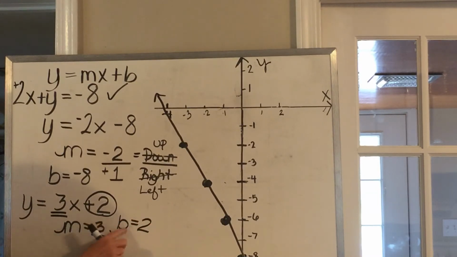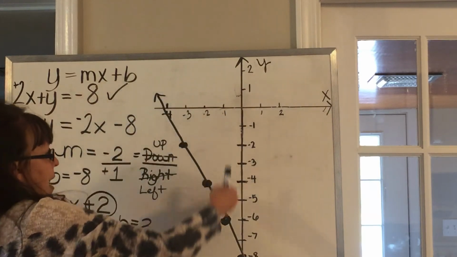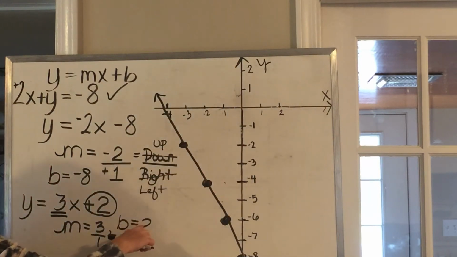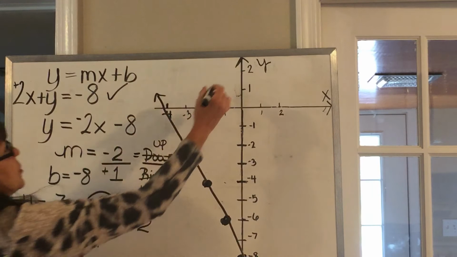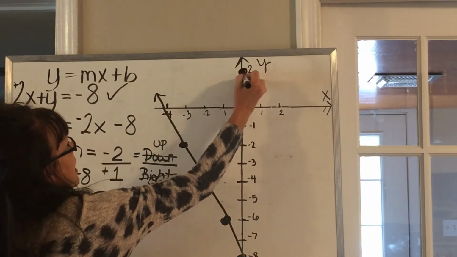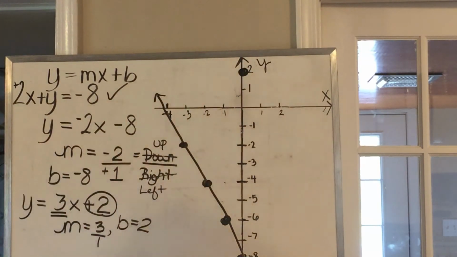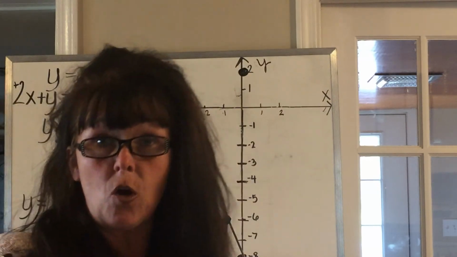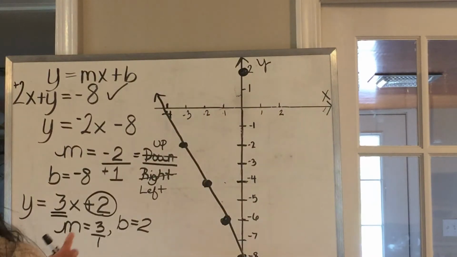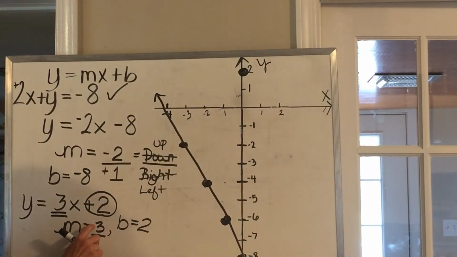Okay, which one do you graph first? The 2, the y-intercept. So you go to the y-axis. What number on the y-axis? 2. Now, to get your other points, you are going to do your slope. Slope is up 3 and right 1.